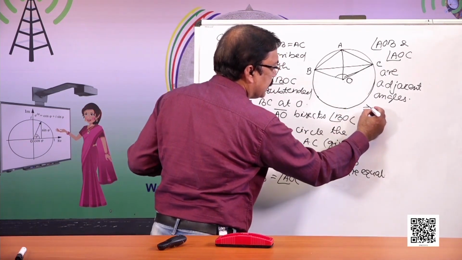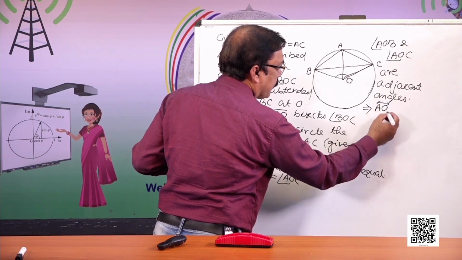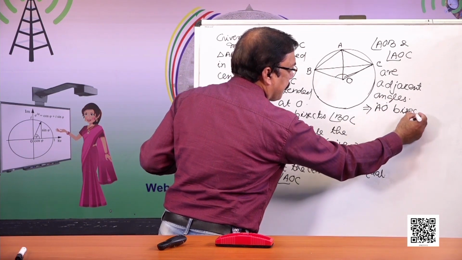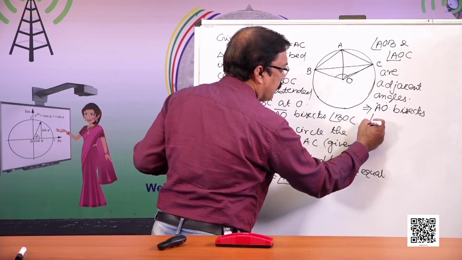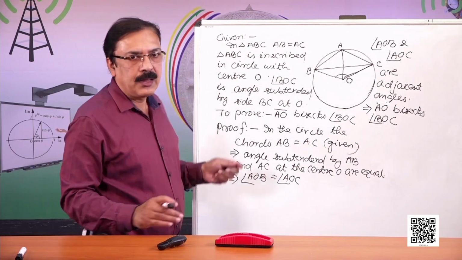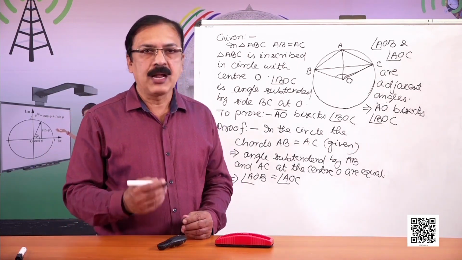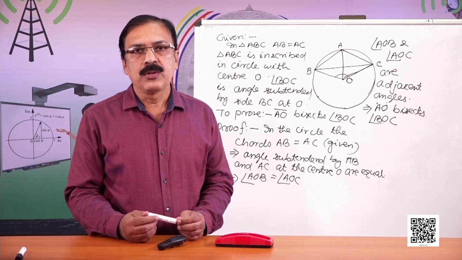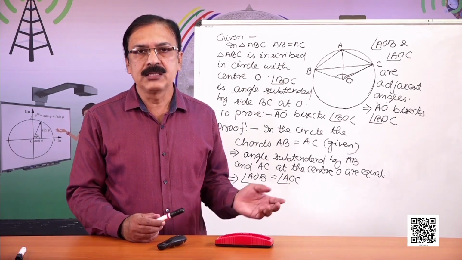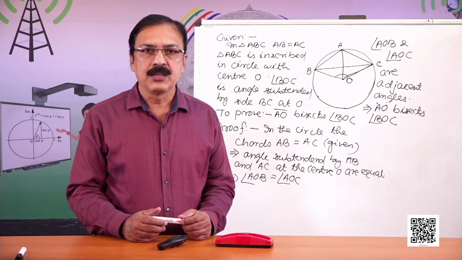This implies AO bisects angle BOC. You see, by using the information that two equal chords subtend equal angles at the center, we can easily prove it without using the congruency theorem.